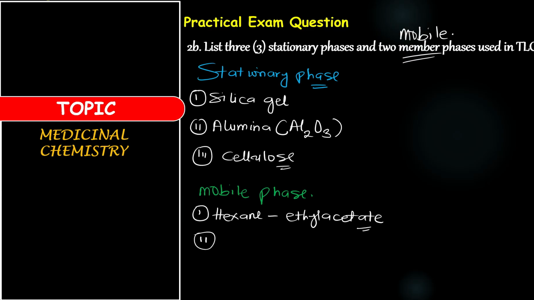Then you also have a mixture of ethanol and water. It can be methanol and water, it can be ethanol and water. Then you also have a mixture of chloroform and methanol.